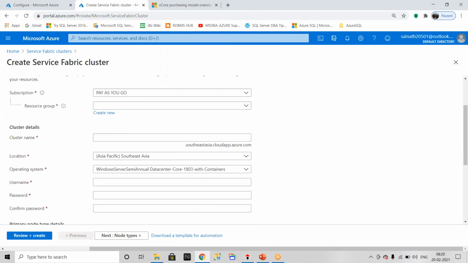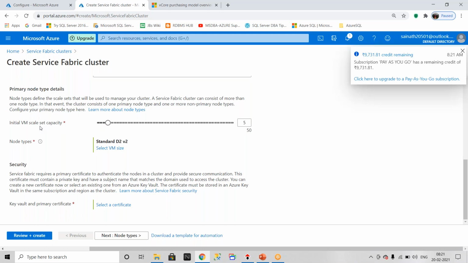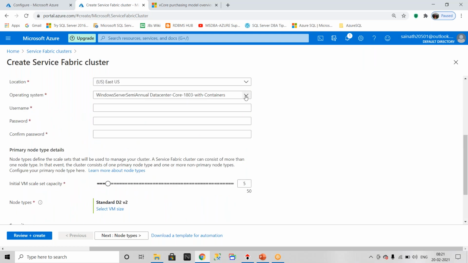When you scroll down, Microsoft is creating a VM scale set capacity, grouping the servers. That can be containers, Linux, or Windows.